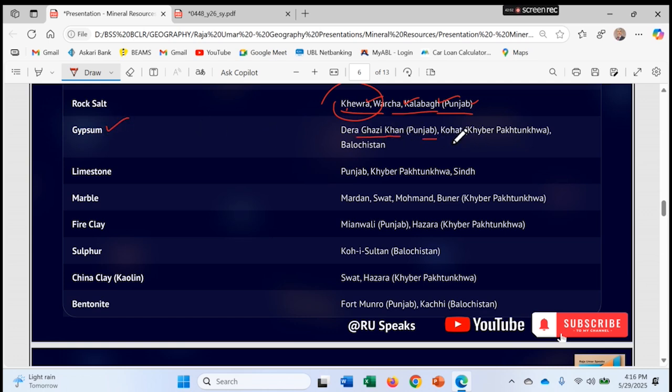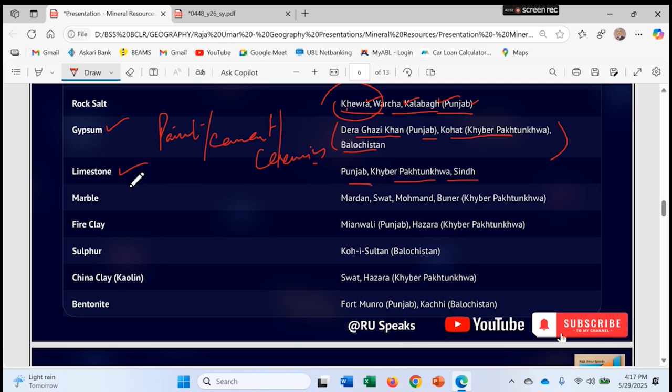And gypsum: Dera Ghazi Khan, Punjab, Kohat and Khyber Pakhtunkhwa, and some areas of Balochistan have huge reserves of gypsum, used in the paint industry, also in the cement industry, and also in ceramics. So gypsum is a very important mineral.